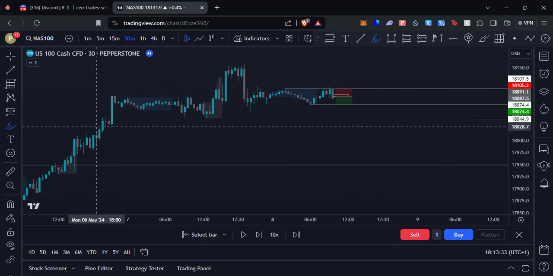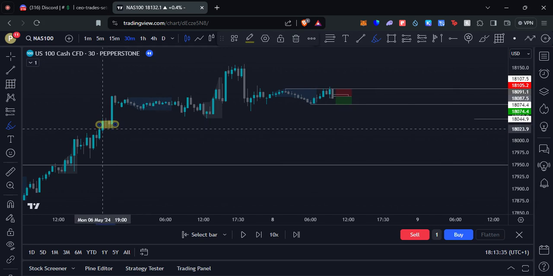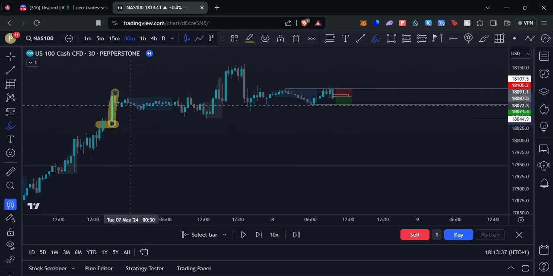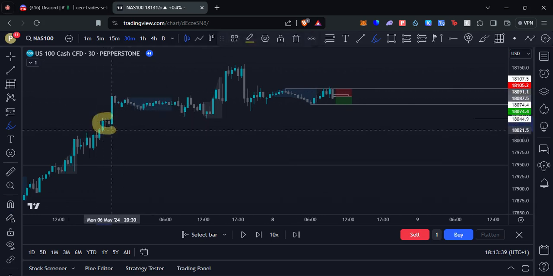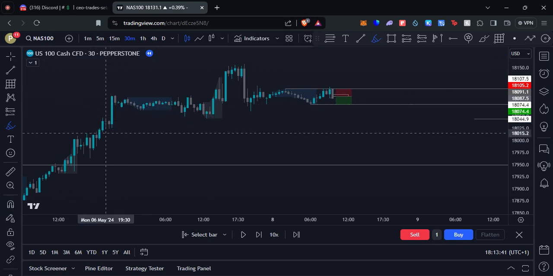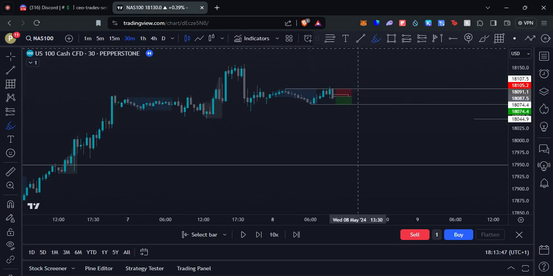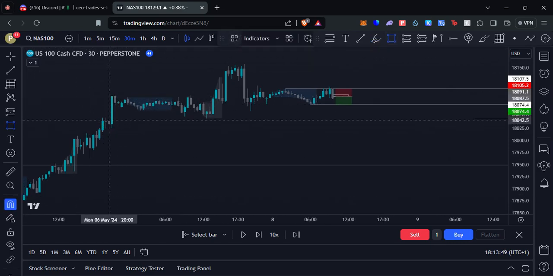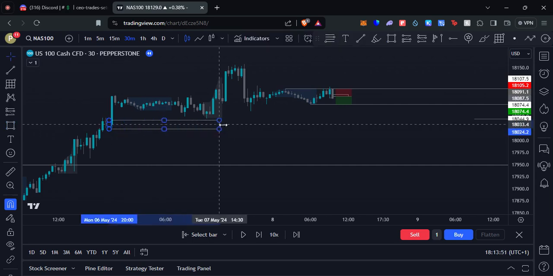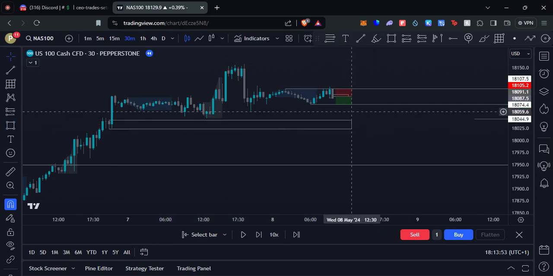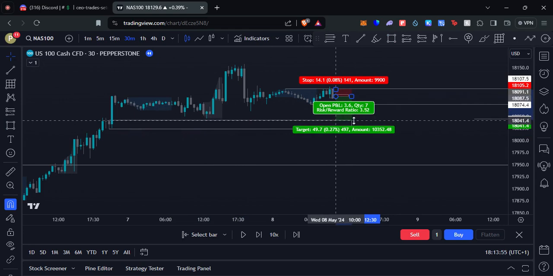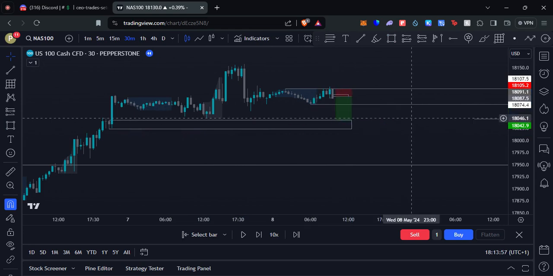It stopped in this area and consolidated all of these orders, and then we had this massive push out. Therefore, this is an area where banks and institutions were opening their positions and executing their orders before manipulating price to the upside. With this in mind, we can safely identify this as an order block that price can potentially come to. And then we simply put our second take profit right there.